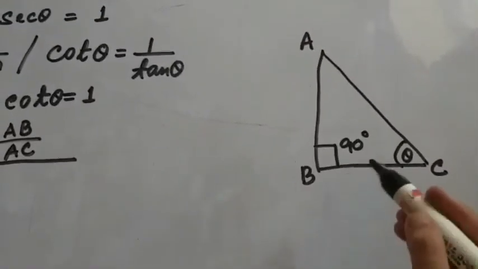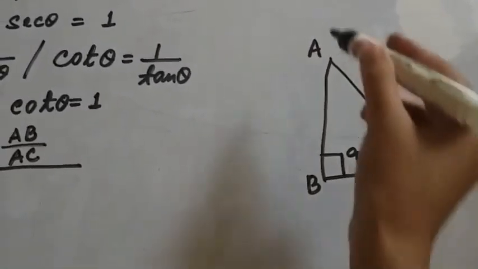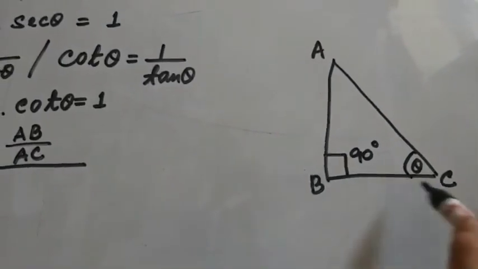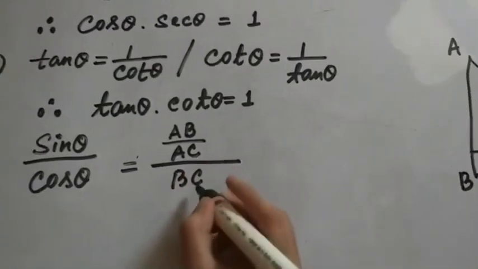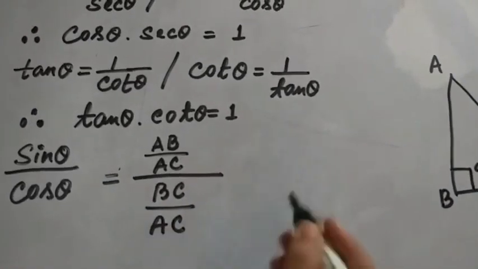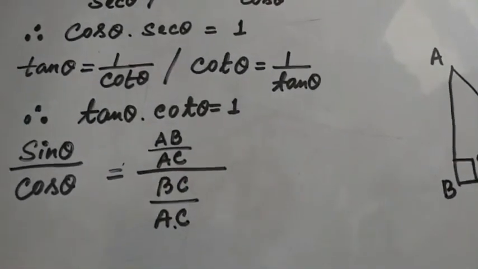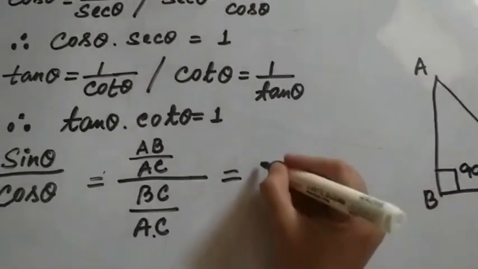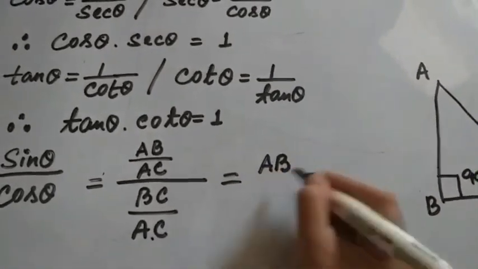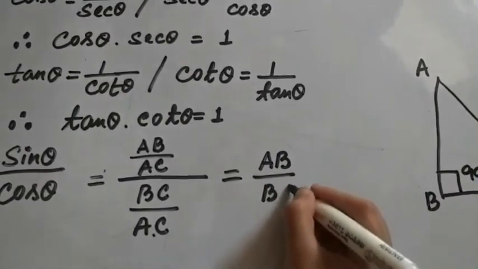Cos theta will be base divided by hypotenuse, that means BC by AC. So BC divided by AC. This AC and this AC will cancel. If I divide, AB by BC will be the answer.